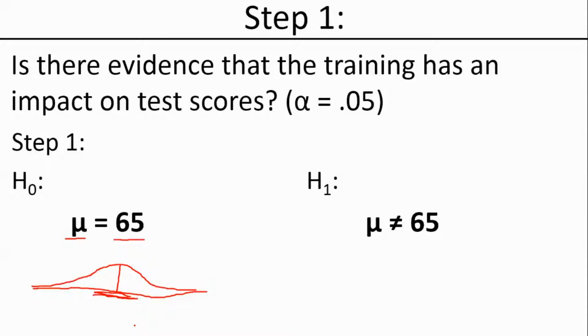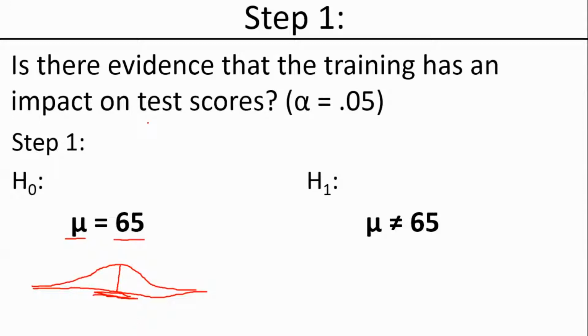But how close? When do we know? What's the level of certainty that we want that the sample mean we have selected is significantly different from our population mean, right? Because we do expect it to be different from the mean.